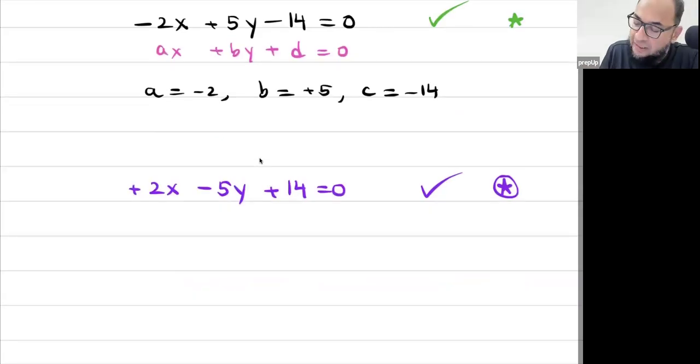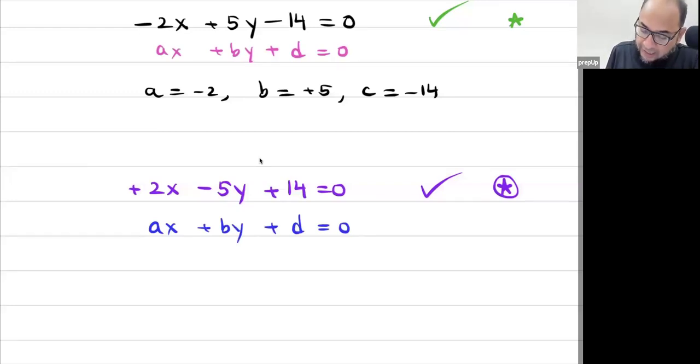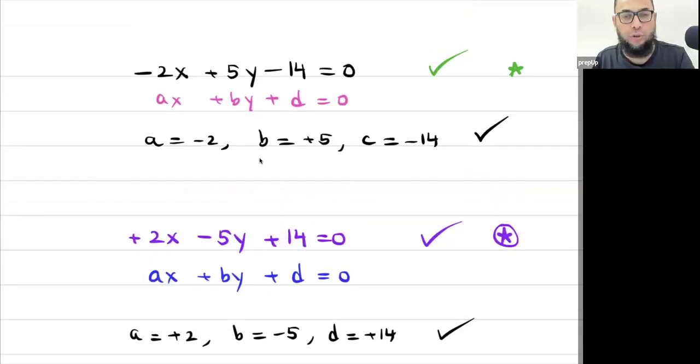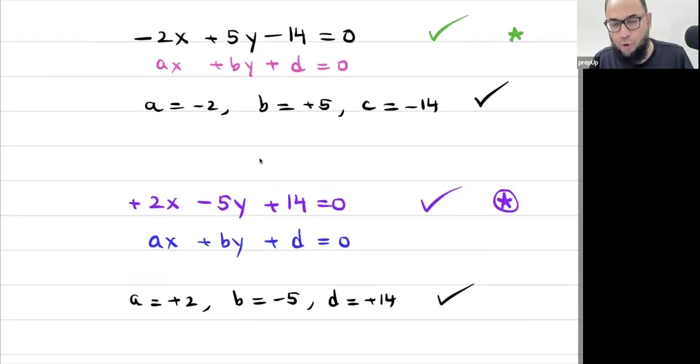And over here, if I write it like this, ax plus by plus d equals 0, therefore, a is positive 2, b is negative 5, d is positive 14, like this. So this is also good, this is also good. So I hope this is all good, all clear.